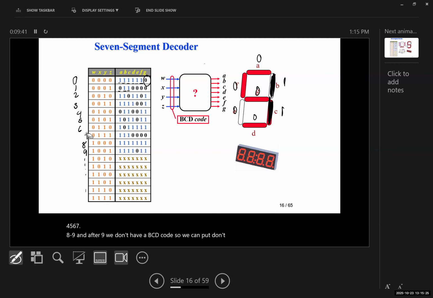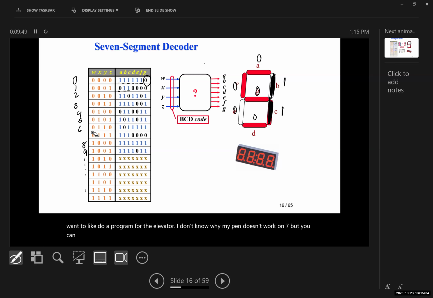But as I mentioned, if you want to do programming for the elevator, you can allocate, for example, number 10 to parking, or number 11 to error when you have an error. Or you can show, for example, C to mean close the door, something like that.